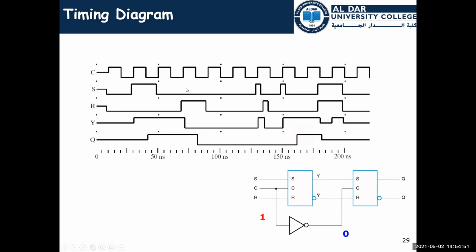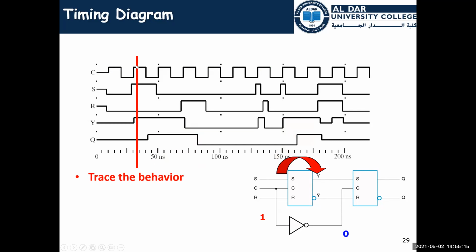Here is a timing diagram of the master slave SR flip-flop. The control is at one, which means this one is enabled and the other one is disabled. We trace the behavior like that.